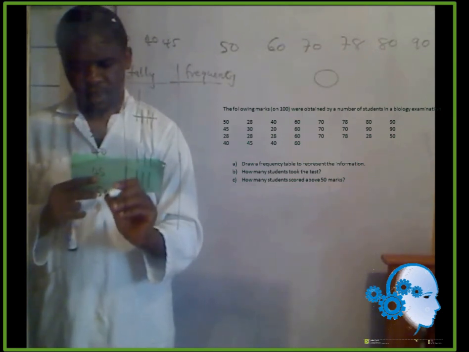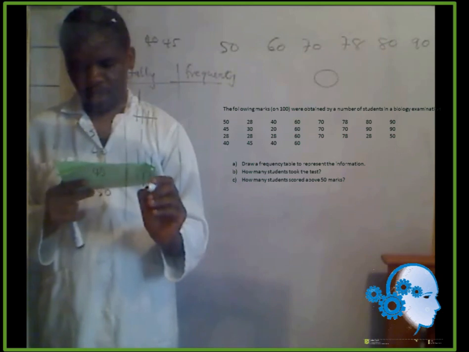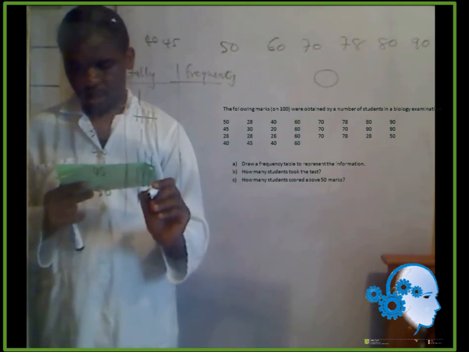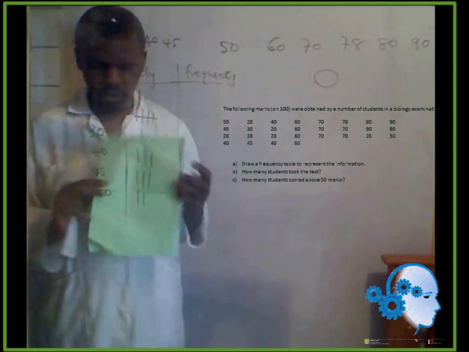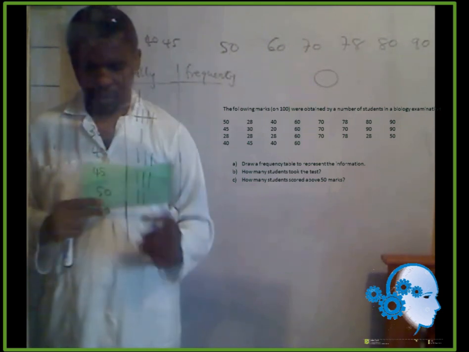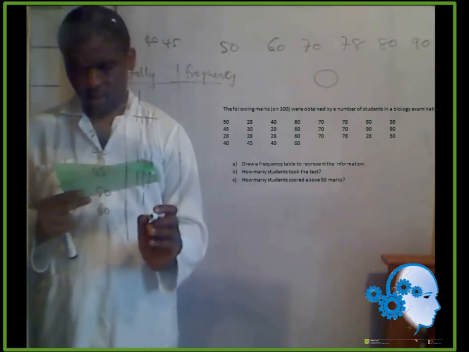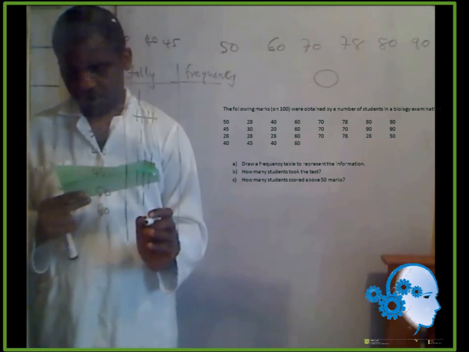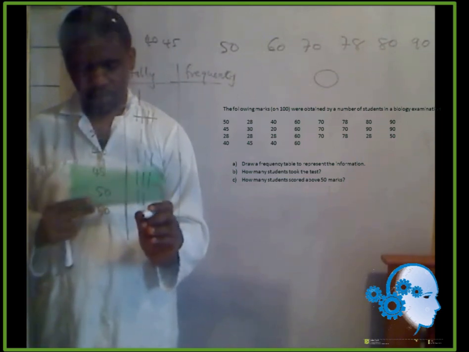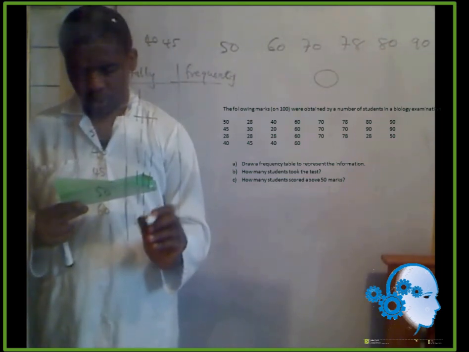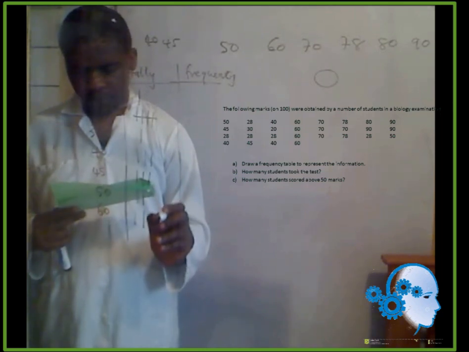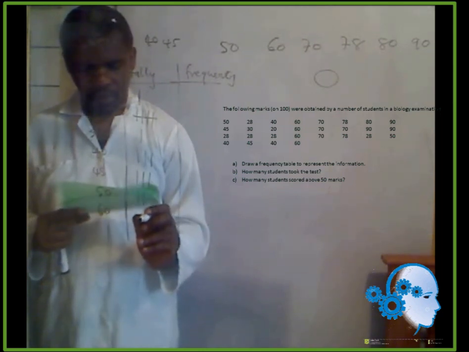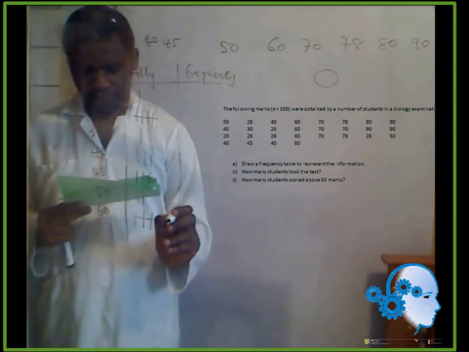Take 50. 50 goes there, 1, 2. Take 60. 60 goes there, start counting. 1, 2, 3, 4, 5.